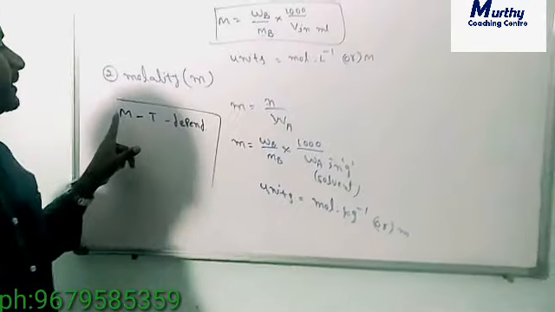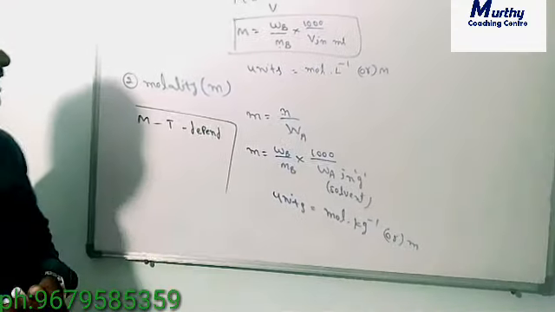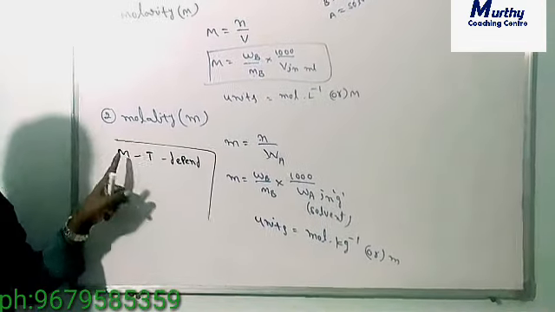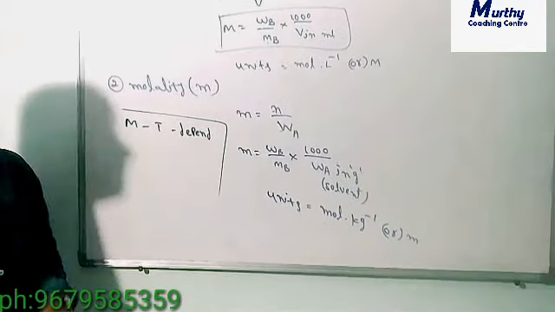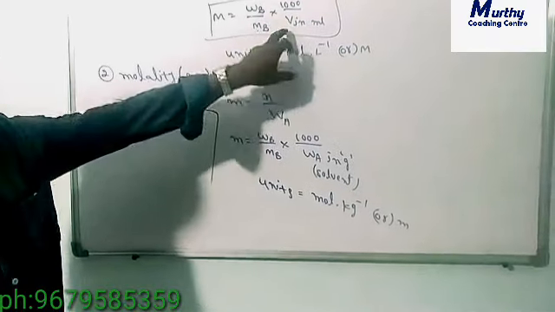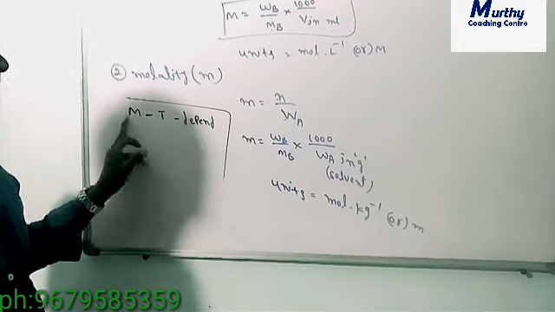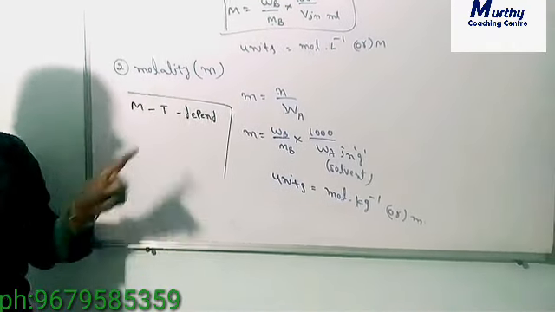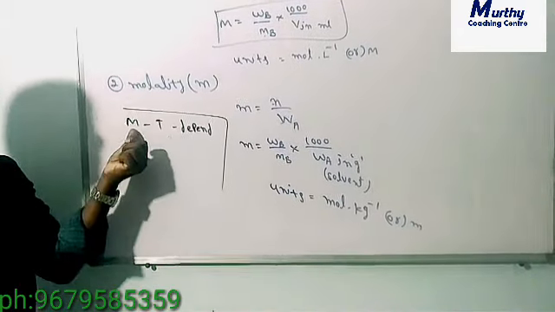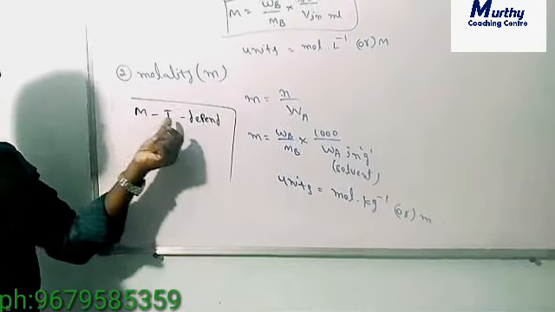So out of molarity and molality, molarity is temperature dependent because when we increase or decrease the temperature, the volume of the solution changes. This is a very important question. So that's why molarity is temperature dependent.